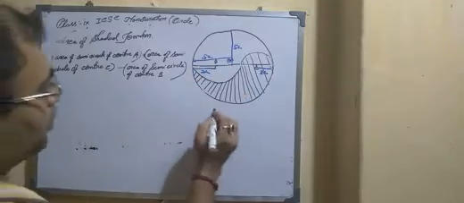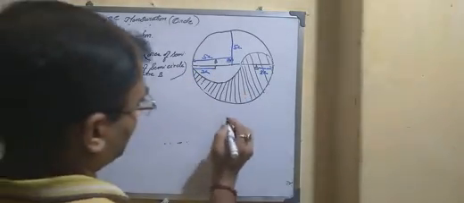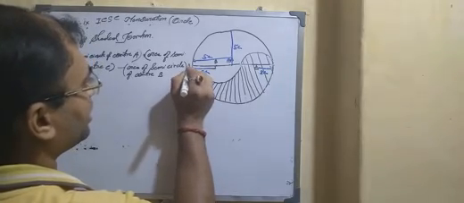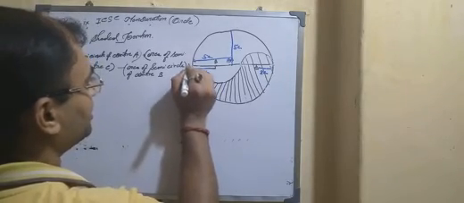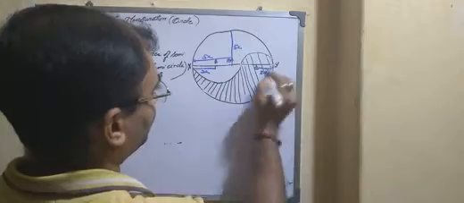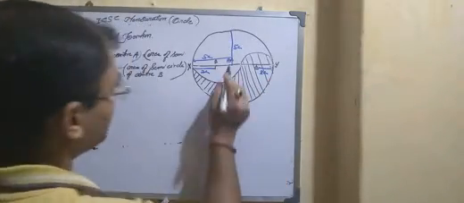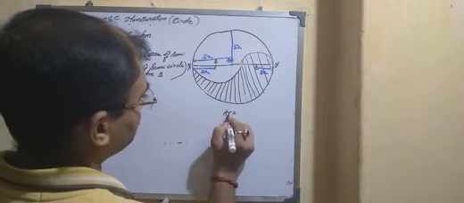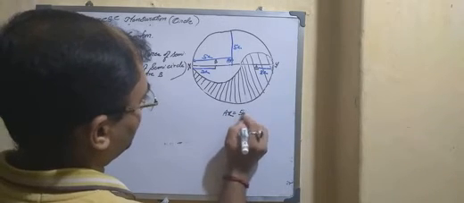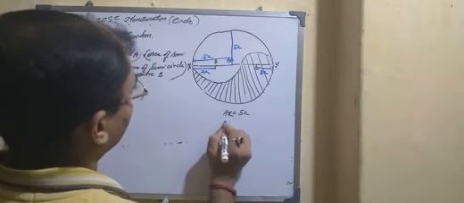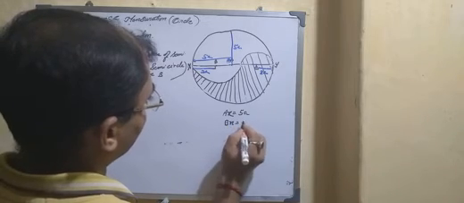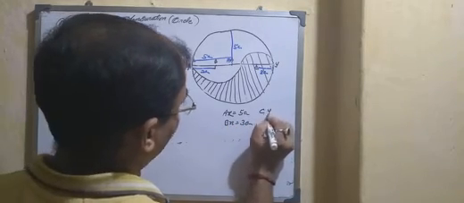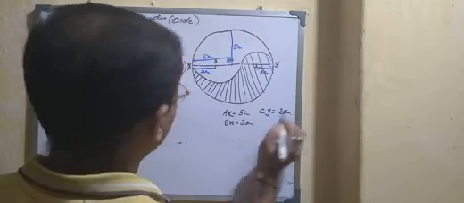Now here R is equal to, if we give the names A, B, C, D, X, Y, that means AX equal to 5 centimeter, BX is equal to 3 centimeter, and CY equal to 2 centimeter.